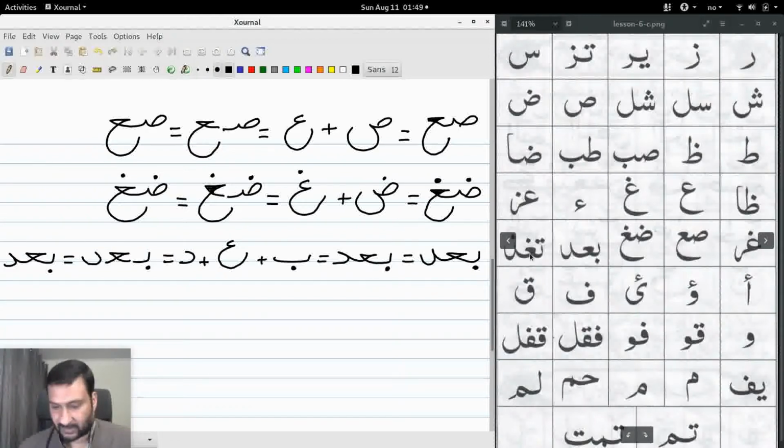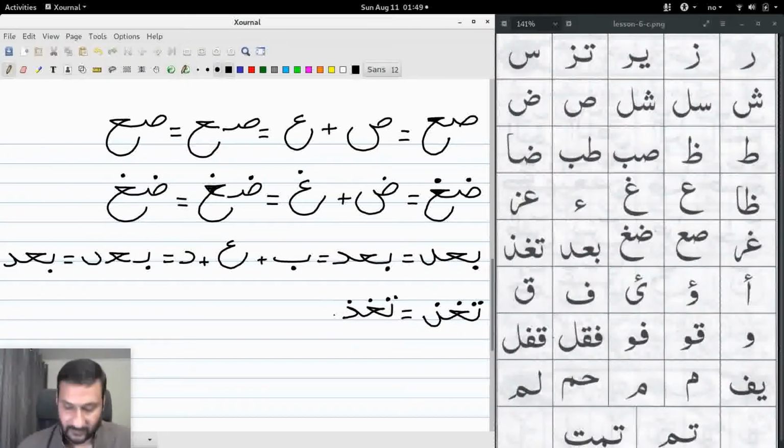Then is ta, ghain, dal. Ta, ghain, dal. And of course it can be written as ta, ghain, dal, like so. And it's made up of the letters ta, ghain, dal.